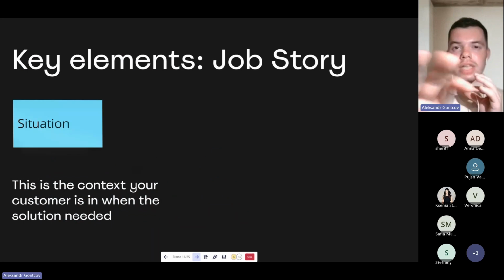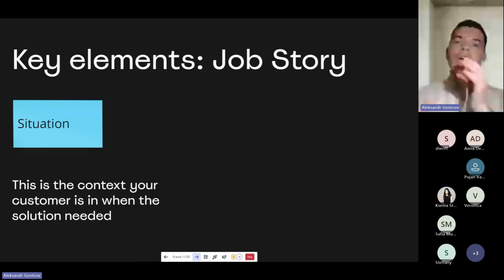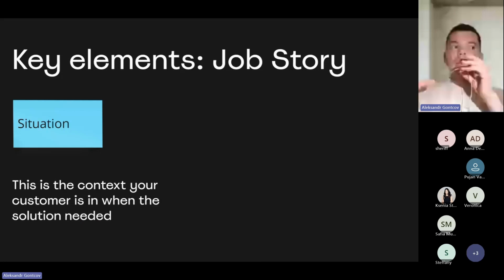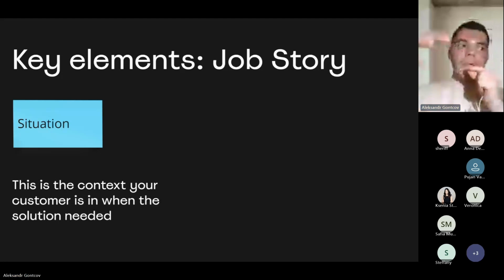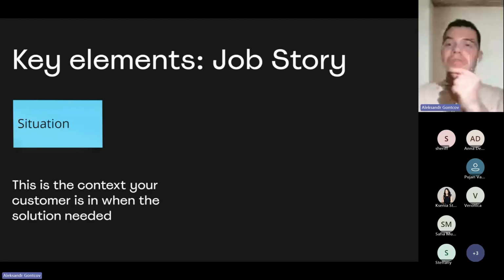In jobs to be done, there are several fundamental things for us to understand and to master. The key thing that we are working with the most, and a lot of companies also work with the most, and that the fathers, I would say, of the theory and frameworks highlight the most, is the job story.